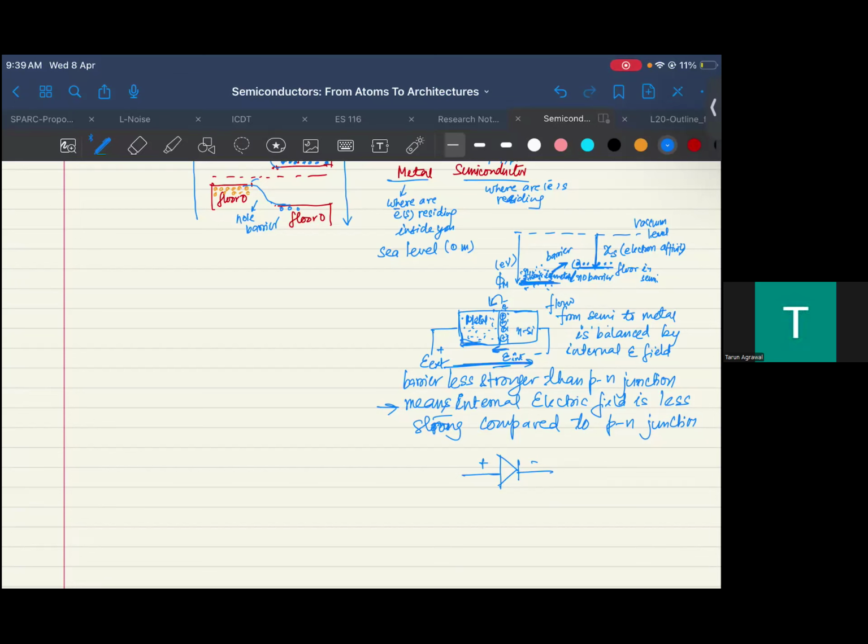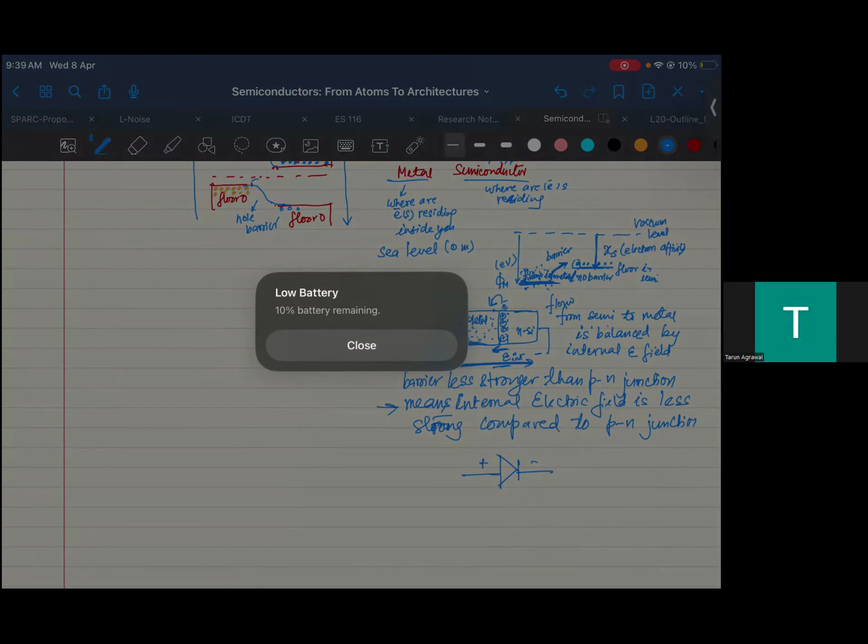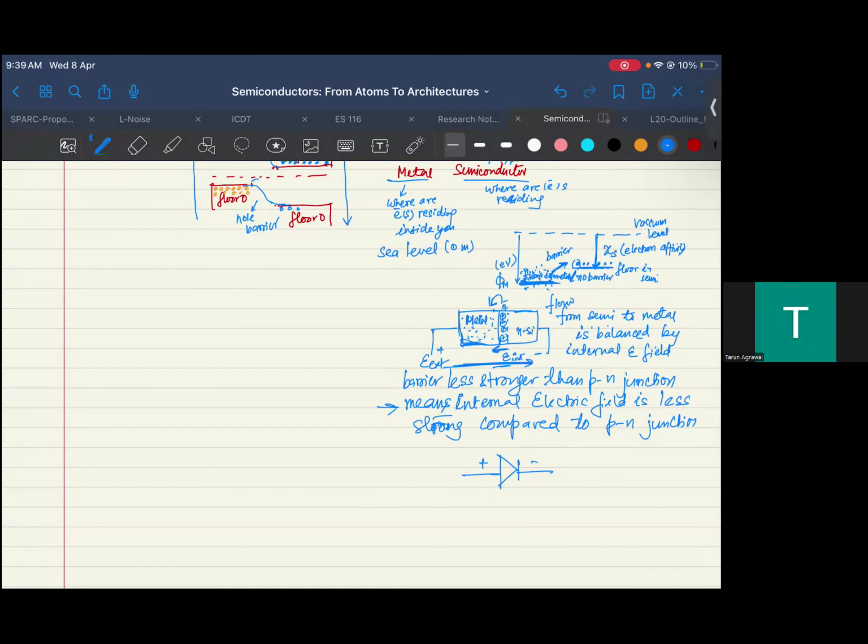This external electric field makes the internal arrangement go in the opposite direction, and the barrier it poses before things happen is around 0.2 to 0.3, very small, or 0.12, even smaller, depending on how you design it or which metal it is.